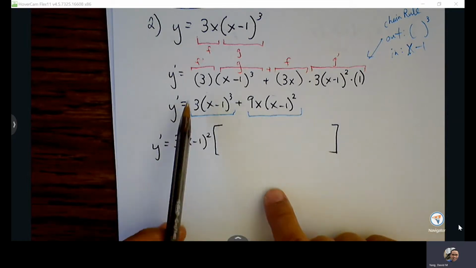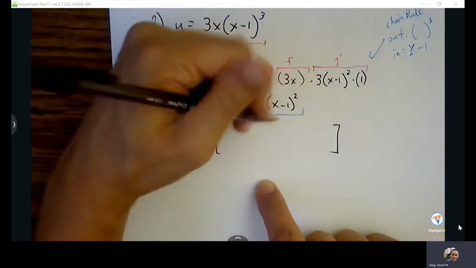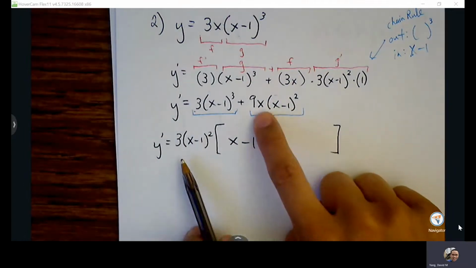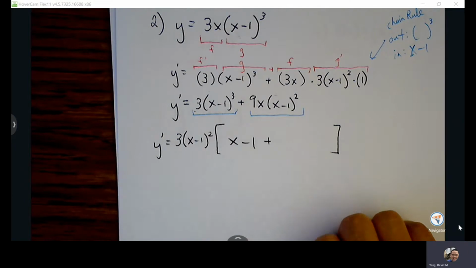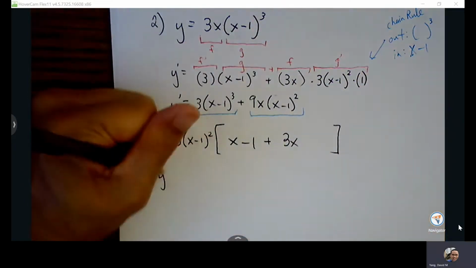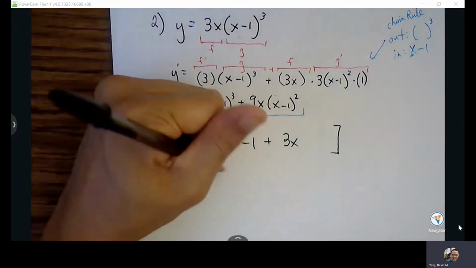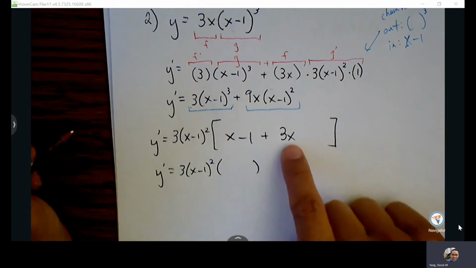So all right, let's look at the first term here. If I take out a 3 and an x minus 1 squared, what's left? Just x minus 1. Here, if I take out a 3 and an x minus 1 squared, I'm just left with what? 3x. So this is going to be really helpful and useful. We're going to be doing more things, looking for critical points, and we'll get into this next unit.